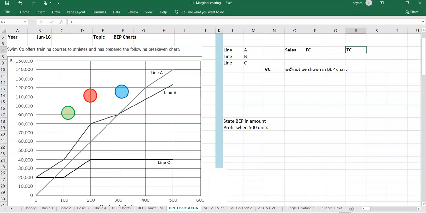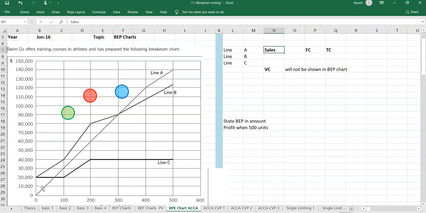So there are only three more lines. The line which starts at 0, 0 would usually be sales, because when you sell, you get an income. If you don't sell anything, you won't get an income. So only two lines will behave like that: sales and variable cost. As variable cost is not shown in this chart, it should be a sales line. So A is a sales line.